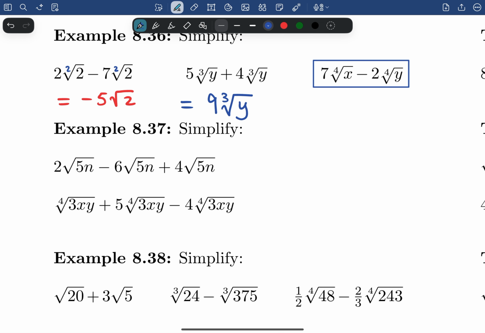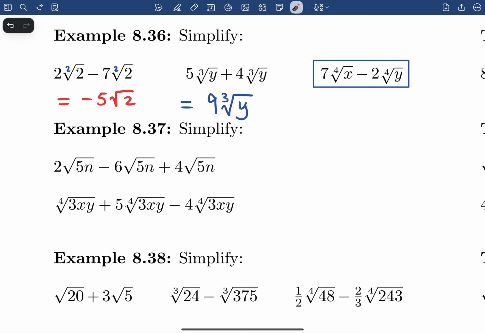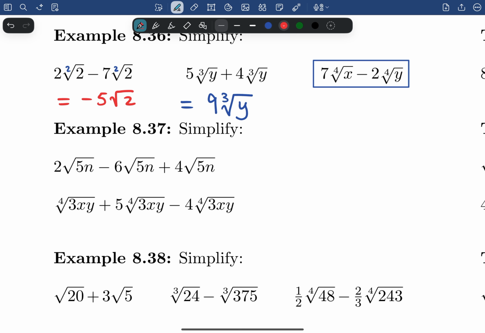Sometimes instead of adding 2 terms together, like we did here, what if I have 3 terms that have like radicals? So here's 2 times the square root of 5 times n minus 6 times the square root of 5 times n plus 4 times the square root of 5 times n. And we see that we've got the same radical index value. I'm just going to make those invisible 2's appear. The index is 2, it's invisible.